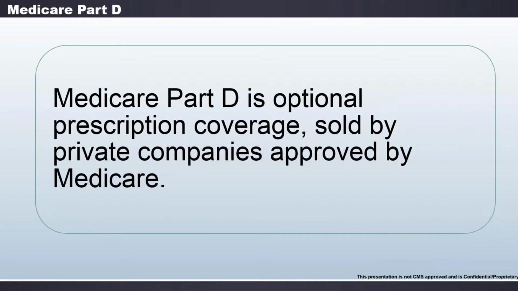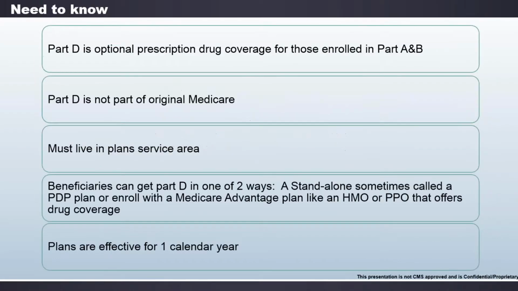So jumping right in, Part D, what is Medicare Part D? Well, Medicare Part D is optional, it's prescription coverage, and it is sold by private companies approved by Medicare. Again, it's coverage for those who have enrollment in Part A and B. Part D is not part of original Medicare.